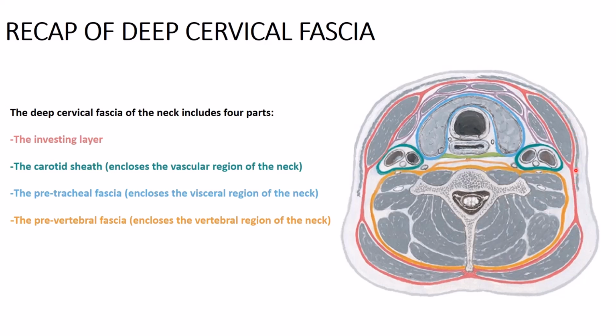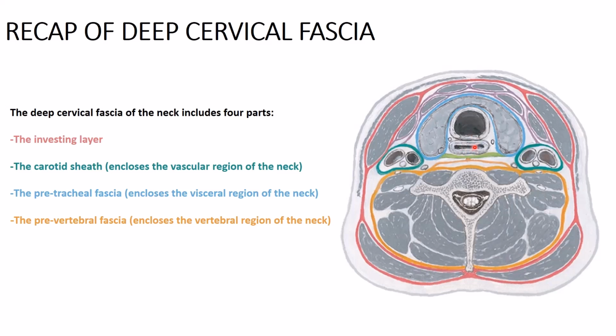like a collar, okay? And here in the blue color, this is the pretracheal fascia. Of course, as we see here, it surrounds the thyroid gland. This is the thyroid gland, this is the trachea, and this is the esophagus.